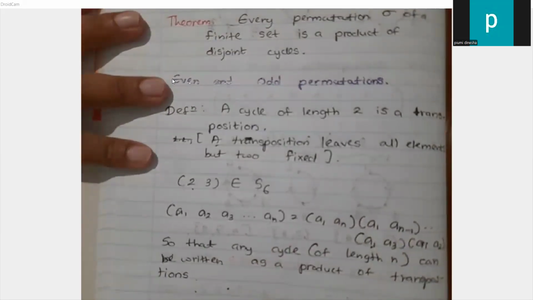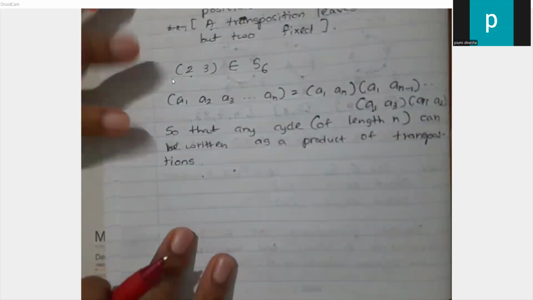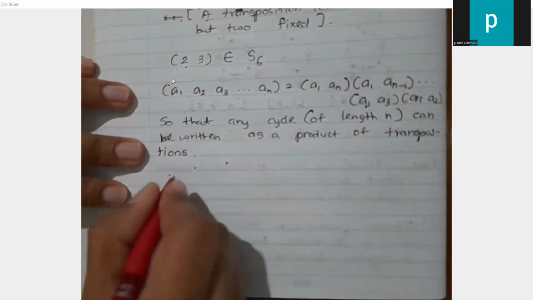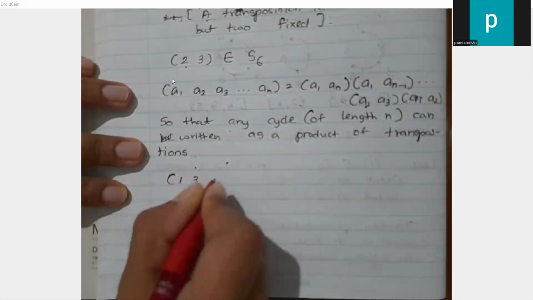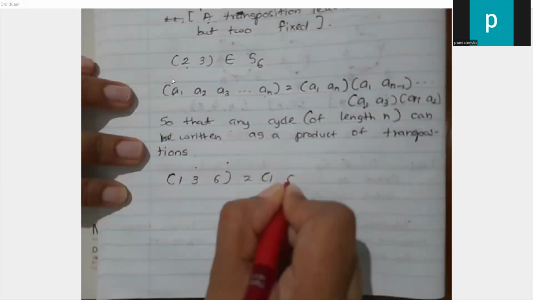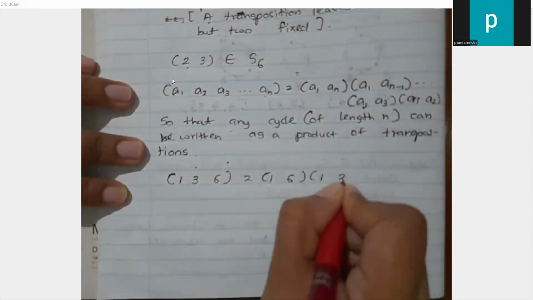For example, we can write the cycle (1 3 6) simply as (1 6)(1 3).